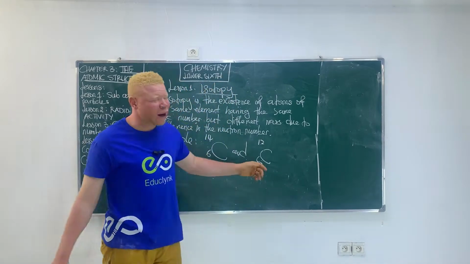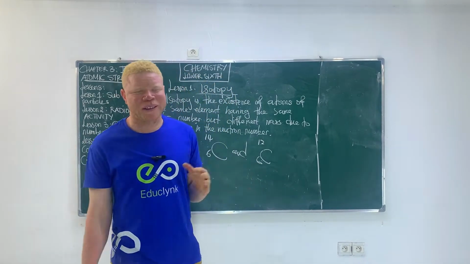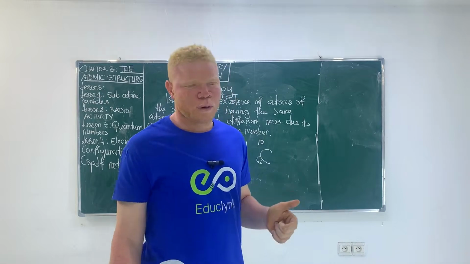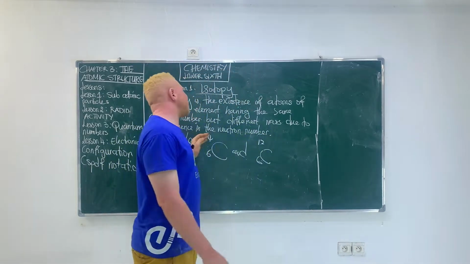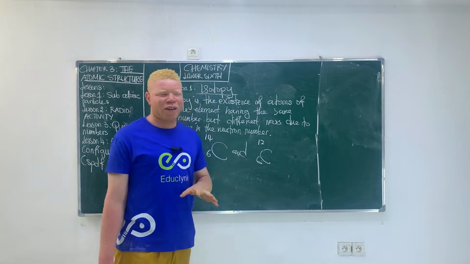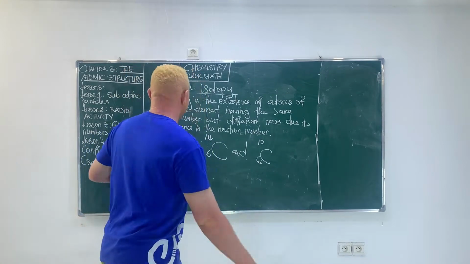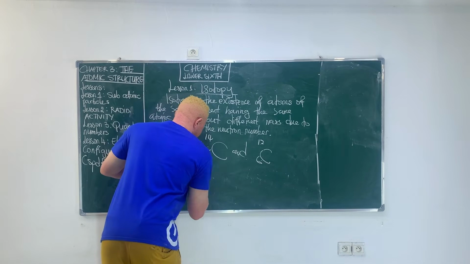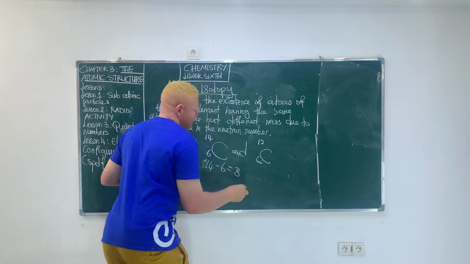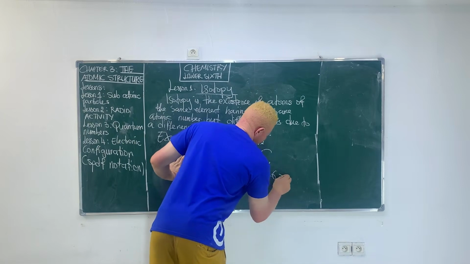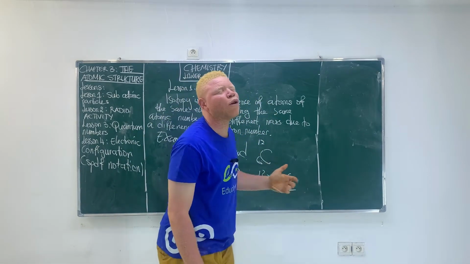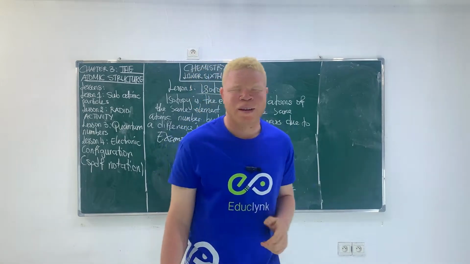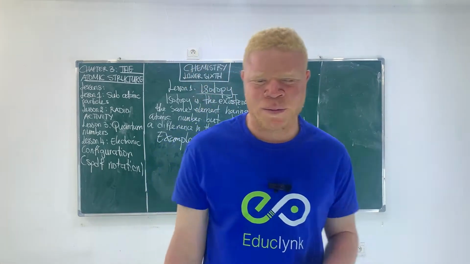The same number of protons, which is 6. But what differs? We said the difference is in the neutron number. So the neutron number will be 14 minus 6 is 8, here is 12 minus 6, 6. We clearly see that the neutron numbers are different, even though they are atoms of the same element. The element here is carbon.